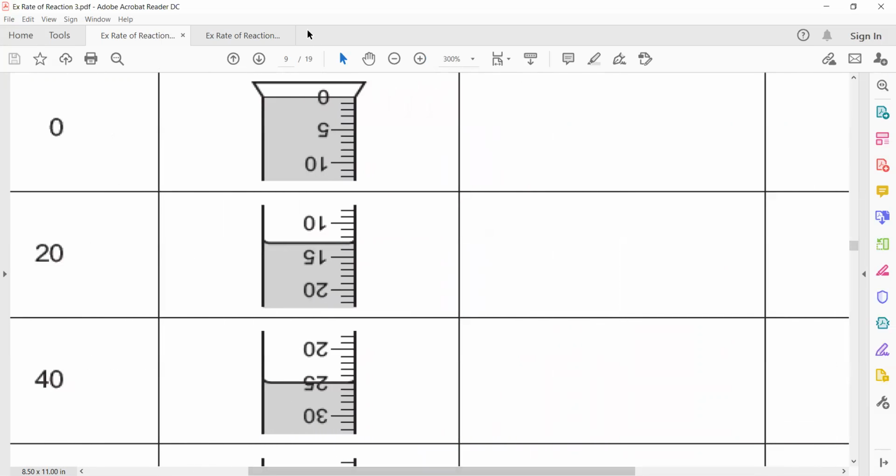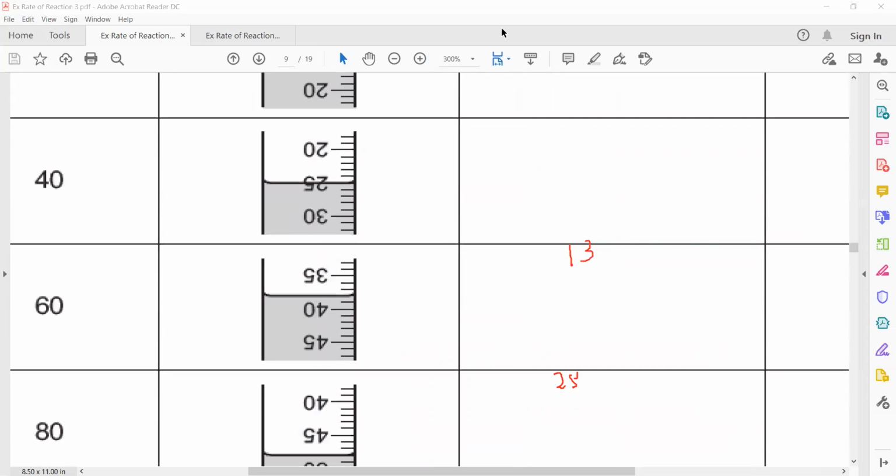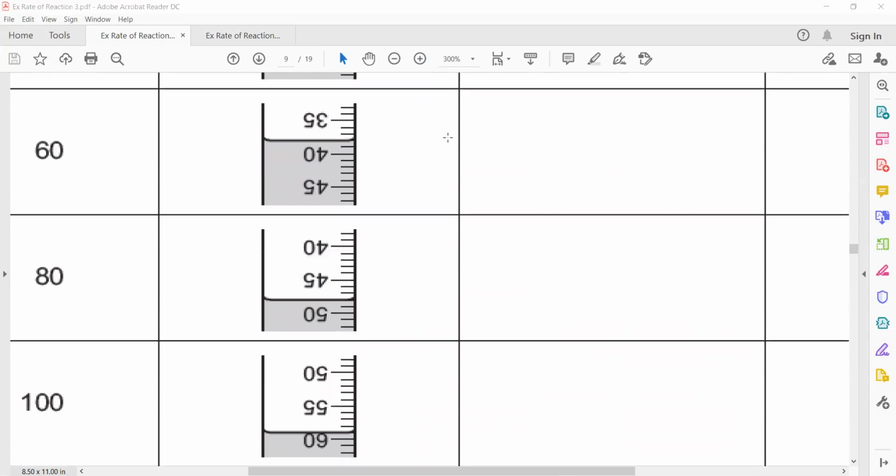After 40 seconds? 25. Then after 60 seconds? 38.